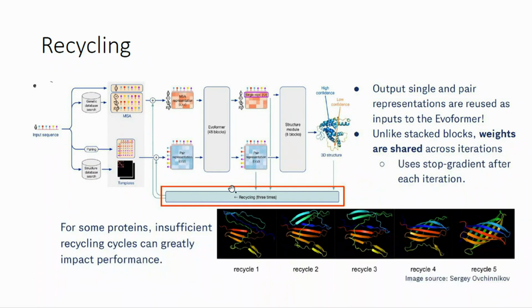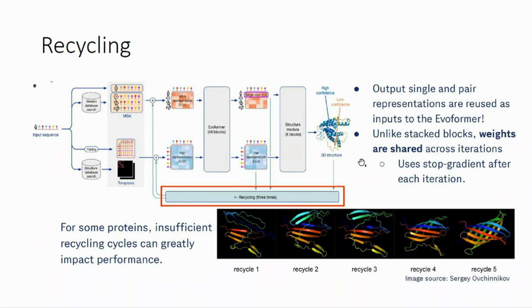And without this prediction, your initial guess only comes from the MSA and from the template, if you're able to find a template. But if you already made some predictions, maybe those predictions are better than what you have already. So we want to use this as guidance for the next round of prediction, so that maybe it could do a better job in the next round. This is the original recycling idea, and in AlphaFold 2, it actually applies 3 times of recycling.